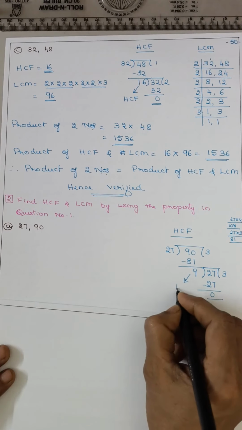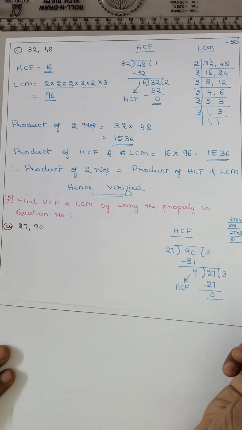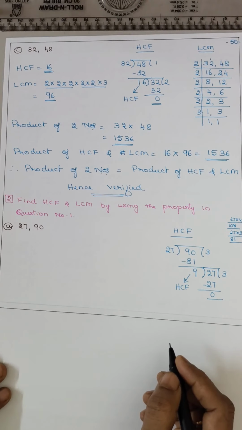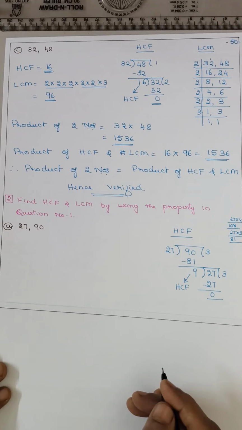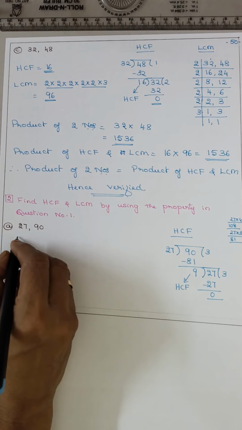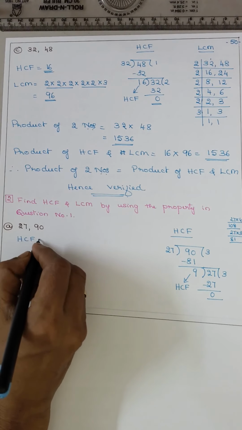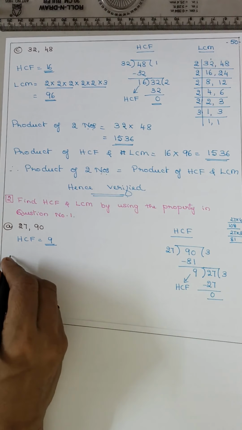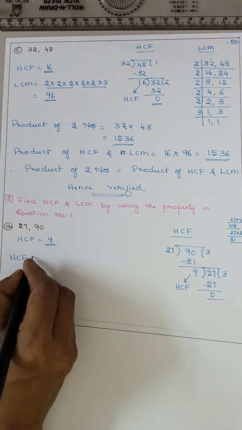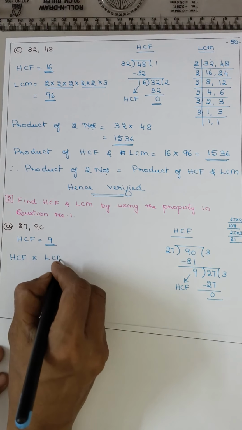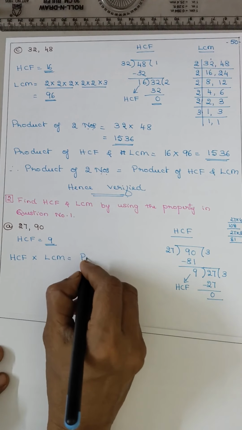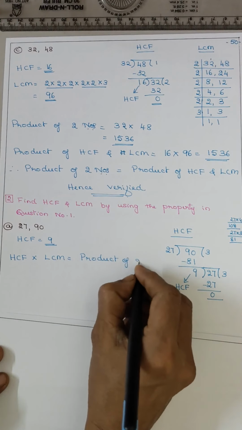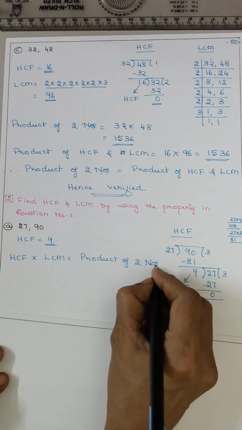Now how much HCF did we get? 9, isn't it? So now we have to find the LCM using the property. HCF is equal to 9. Now use the property: HCF into LCM is equal to product of two numbers.